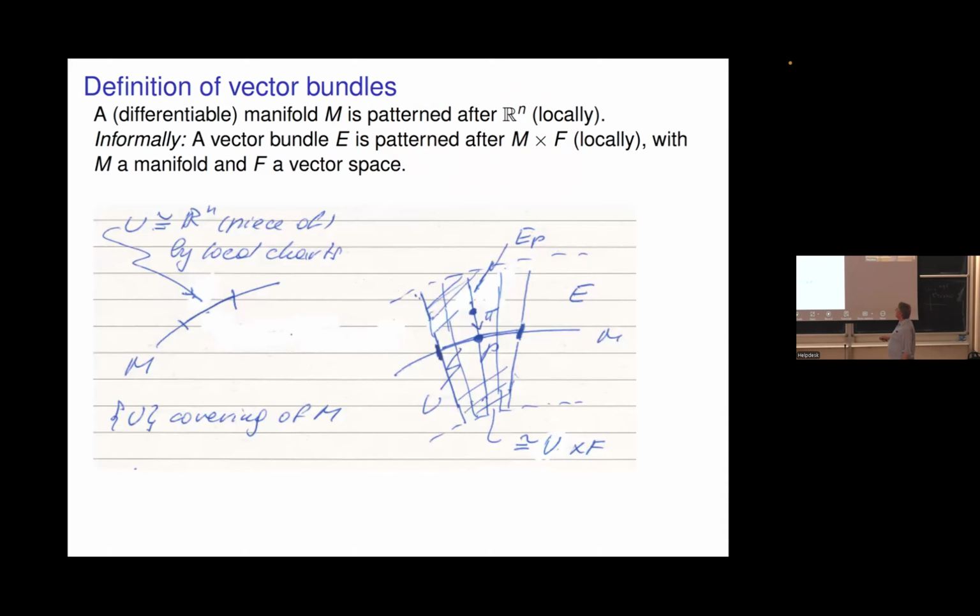Here you have a manifold, and if you just look at a piece of it, some neighborhood U, there you can say it looks a little bit like a piece of R^n, and that you can cover the manifold by local charts.